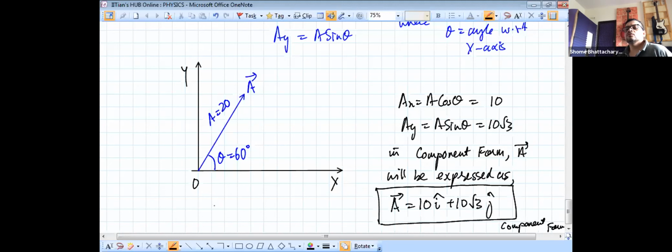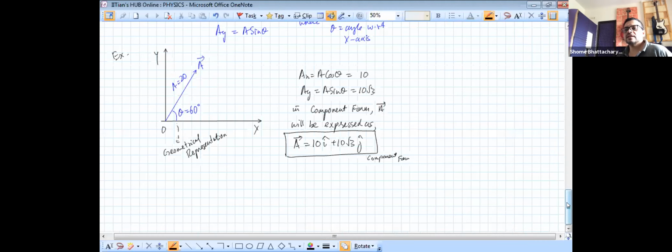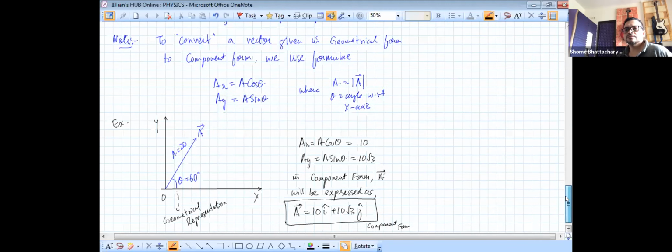Whereas this here was the vector given in geometrical form. This was the geometrical representation, where we represent the vector by an arrow, where the length of the arrow designates the magnitude, and the direction of the arrow gives the direction in which the vector is acting.